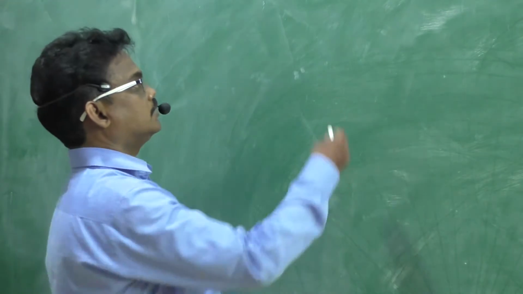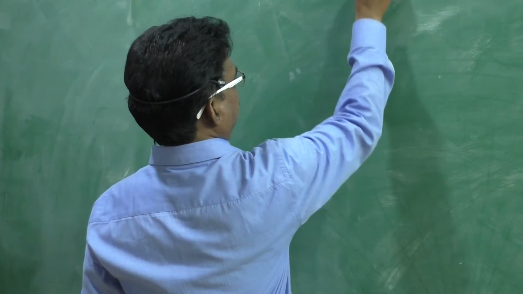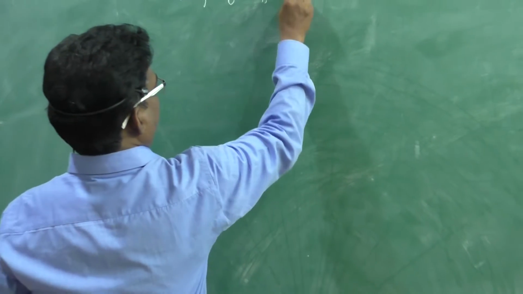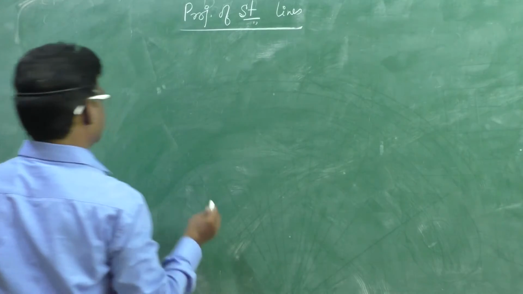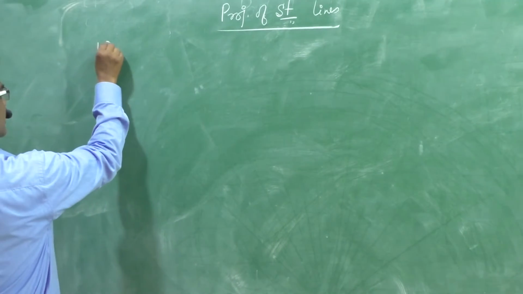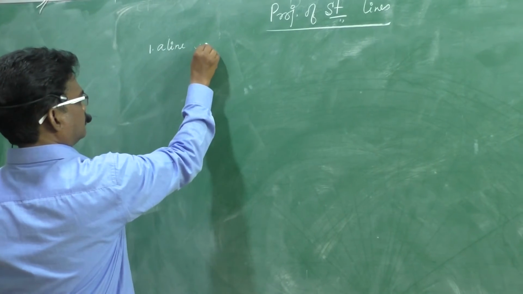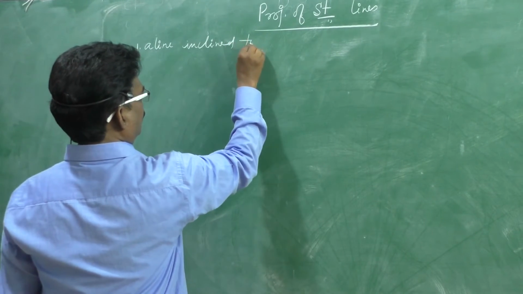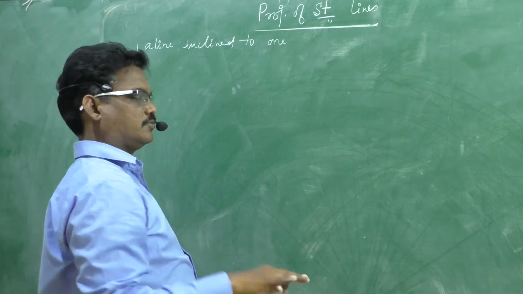We will now see the projection of straight lines. In this case, first we need to consider a line inclined to one plane. That one plane may be HP or VP.